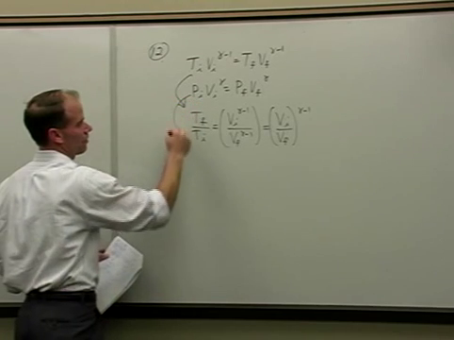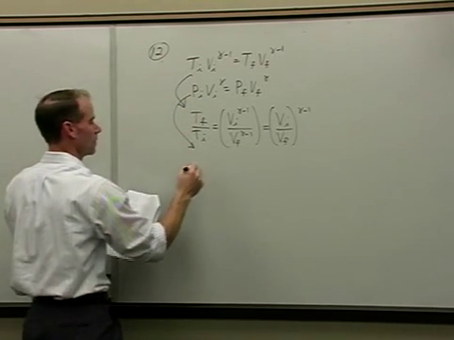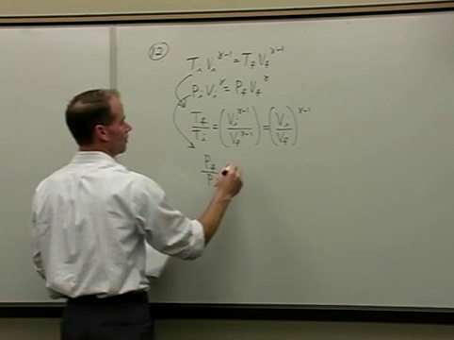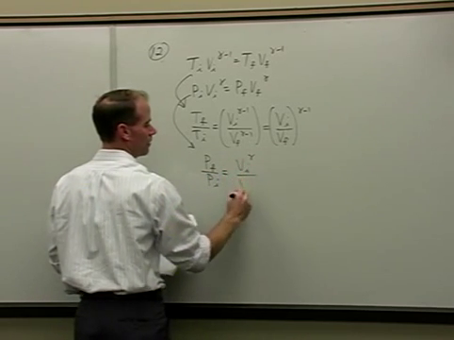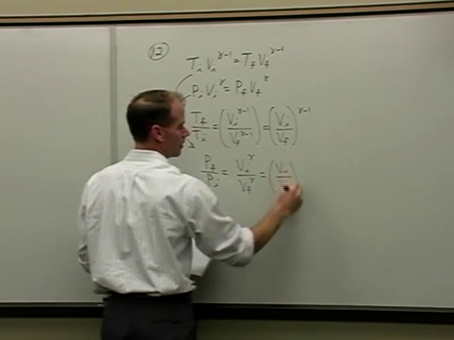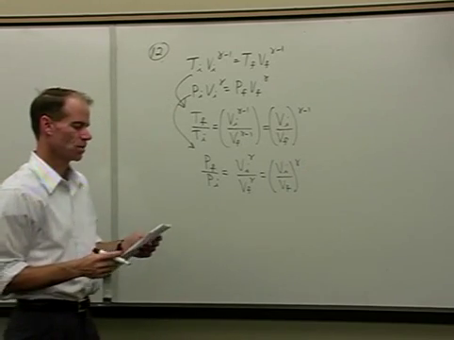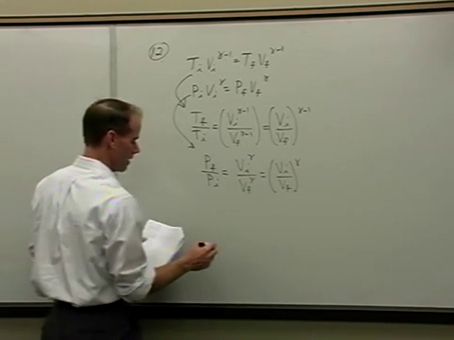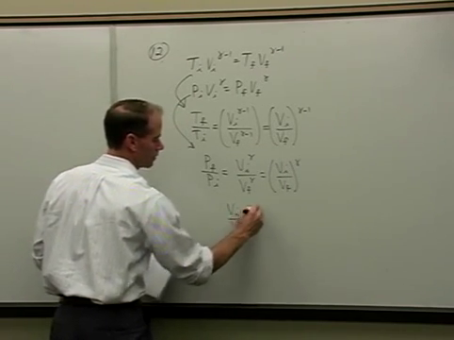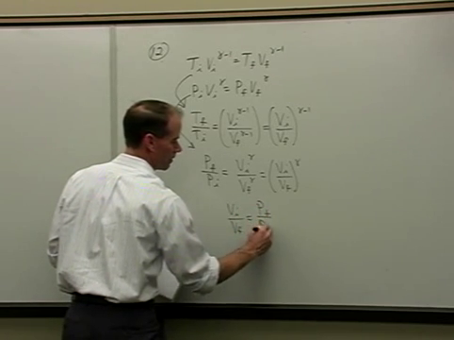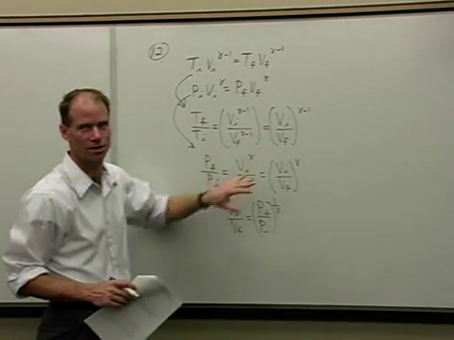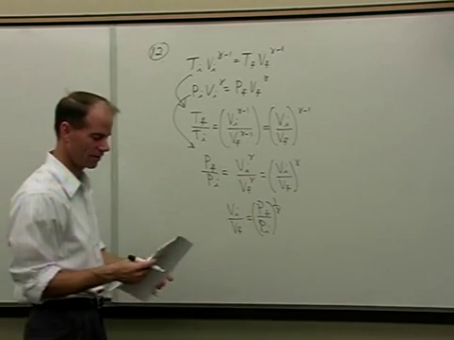We can also say from this second formula that P final over P initial will equal V initial to the gamma over V final to the gamma, which would be V initial over V final to the gamma, which I could write, I could say then that V initial to V final is equal to P final over P initial to the 1 over gamma, because I'm going to take the gamma root of both sides. So I can get this right here.